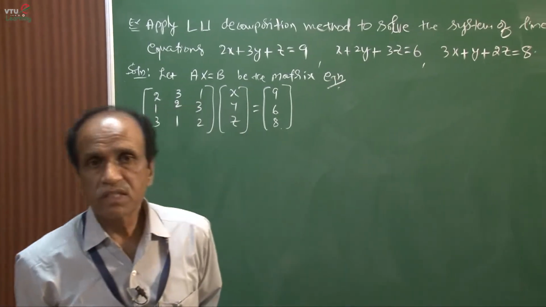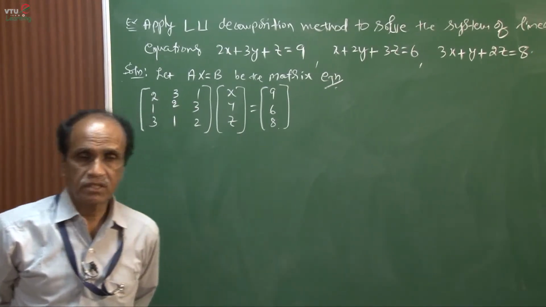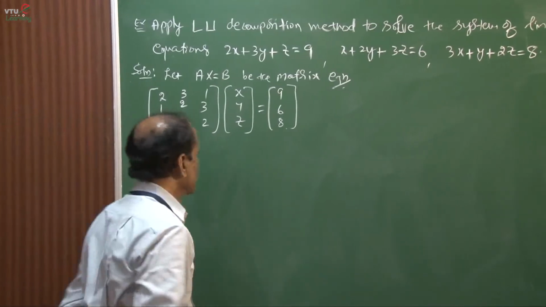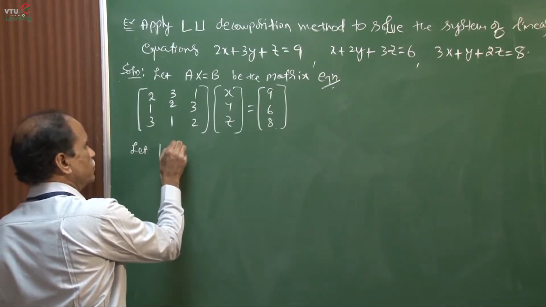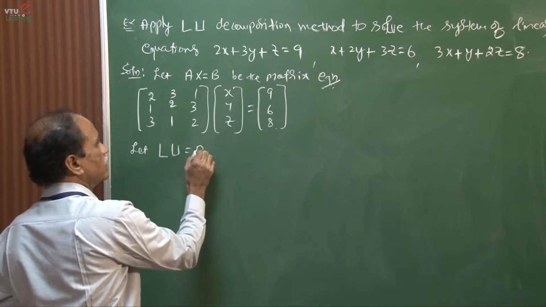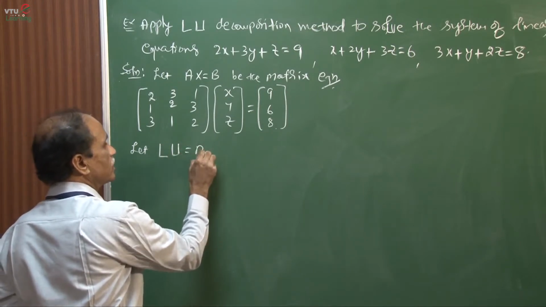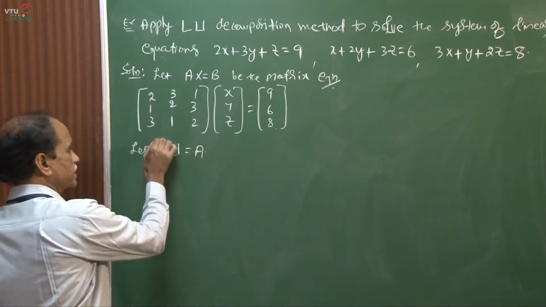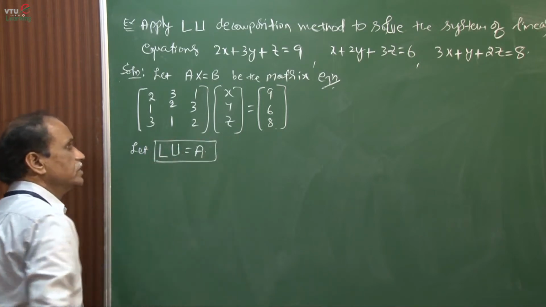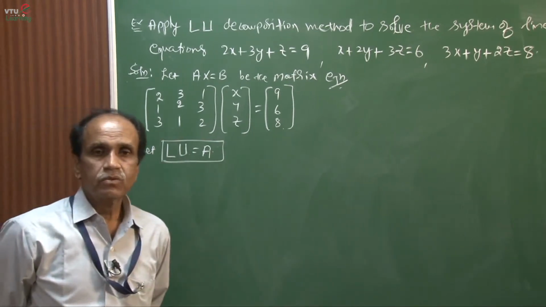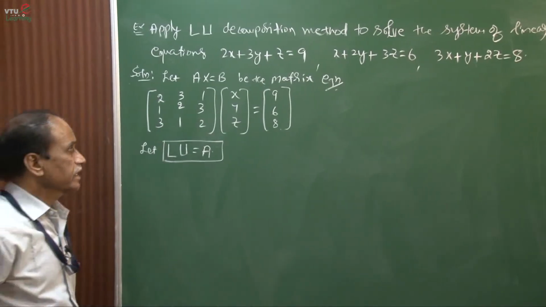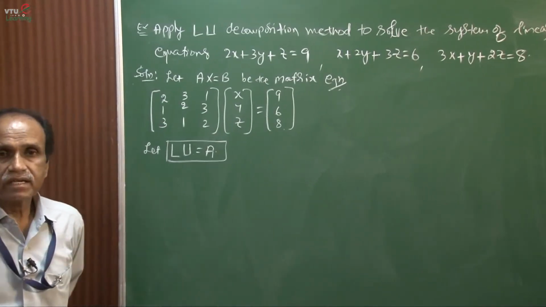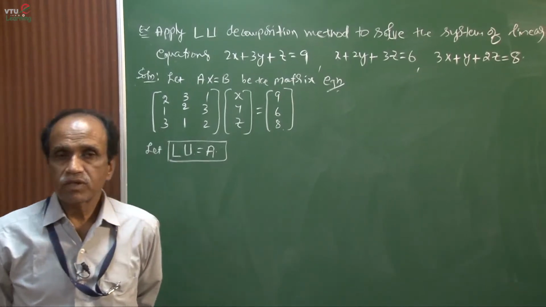Now, what are the LU decomposition steps? So, you can follow step number 1. Let LU is equal to A, that means coefficient matrix. So, LU is equal to A means you do not make any mistakes in writing the lower triangular matrix and upper triangular matrix.